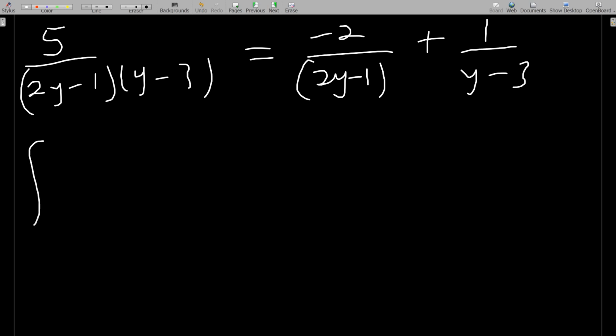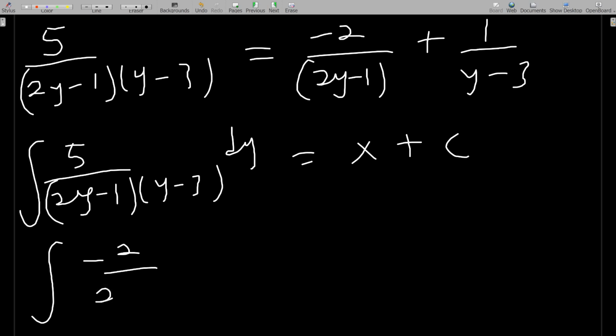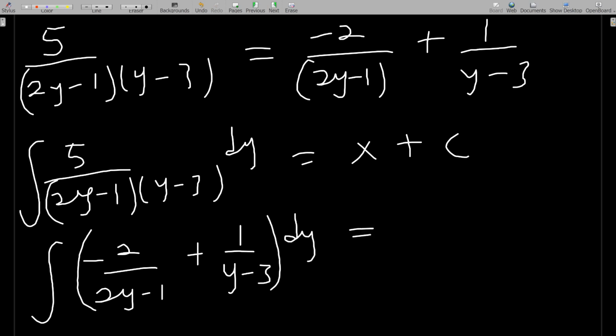So the integral we had, the integral of 5 over (2y minus 1)(y minus 3) dy equals x plus c, has now turned into the integral of minus 2 over (2y minus 1) dy plus the integral of 1 over (y minus 3) dy, equal to x plus c.